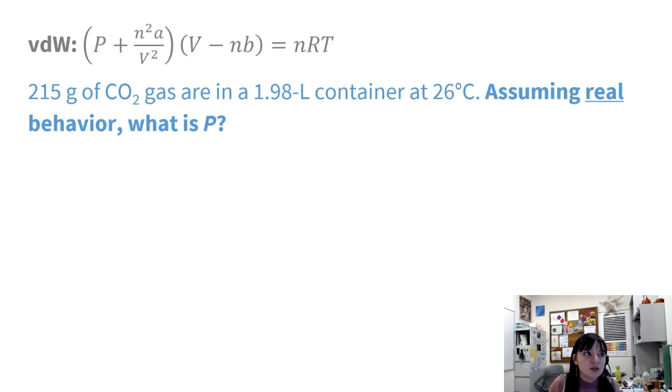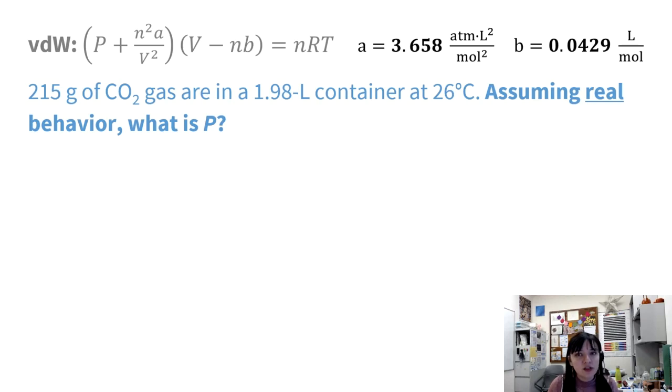We're going to need the van der Waals constants for CO2, which I pulled out from my previous slide. So A and B are written up here. And we're going to apply these different properties of the gas into the van der Waals equation, solving for pressure. Now I recognize that this equation is a little bit of a beast.